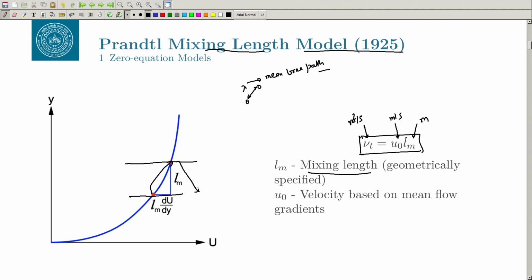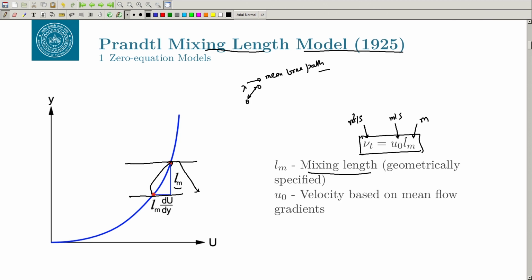So, his idea was that can we think of a length where the molecules jump while keeping the momentum conserved, and that length he termed the mixing length, which is denoted here by L_M.